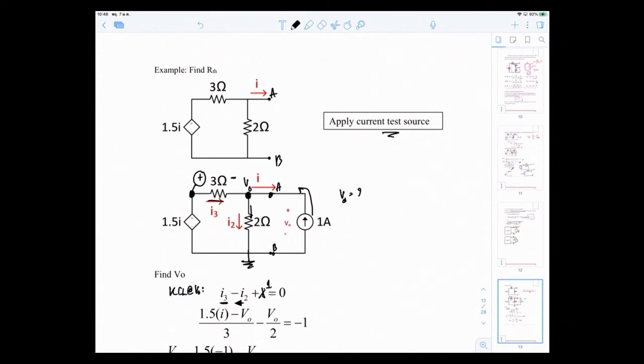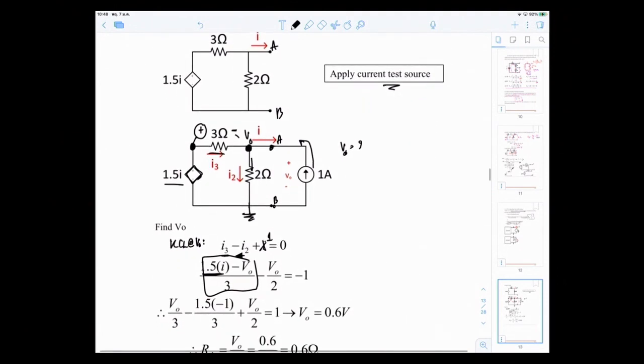The positive terminal is this voltage here, which is the dependent source, so it's 1.5 I, minus V out, the voltage at the other terminal, divided by 3. So this is I3. I2 is the current passing through the 2 ohm, so it's V out over 2, equal to minus 1.